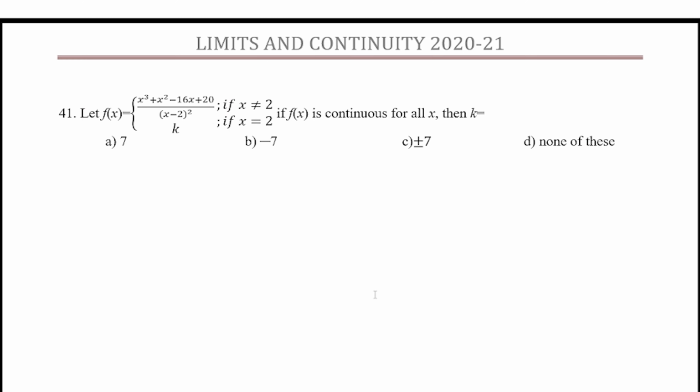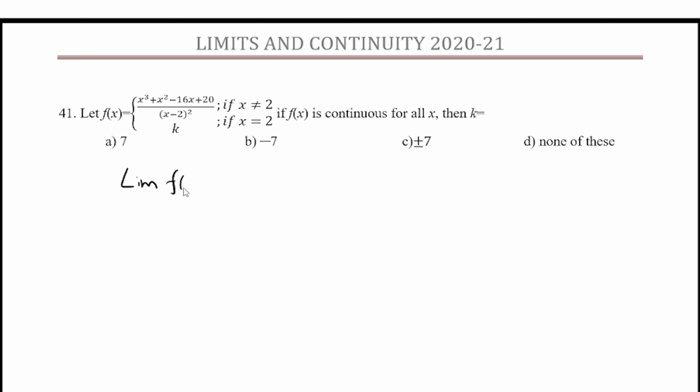Okay, students. 41st. The function f of x equal to x cube plus x square minus 16x plus 20 divided by x minus 2 to the power of 2 when x is not equal to 2, whereas f of x at x equal to 2 is k, it is continuous for all x. So then the value of k is equal to. Okay, again apply definition of continuity.